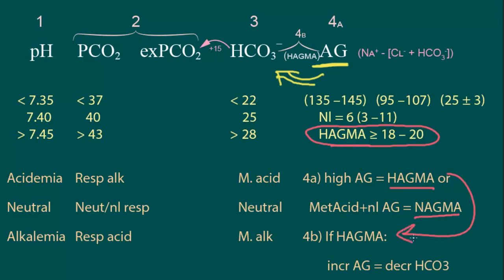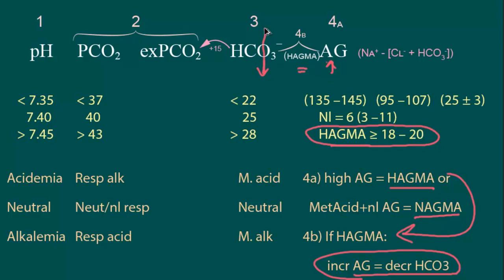Look at 4B there. You check and you make sure that the increase in anion gap is about equal to the decrease in bicarb. What if the anion gap increase were 10 and the decrease in bicarb were 20? That means you have a much deeper metabolic acidosis than simply due to whatever is causing the high anion gap. So you'll have an additional NAGMA, normal anion gap metabolic acidosis, on top of that.